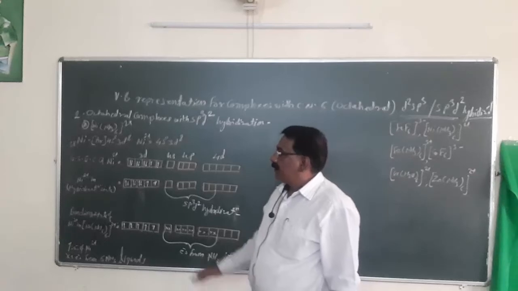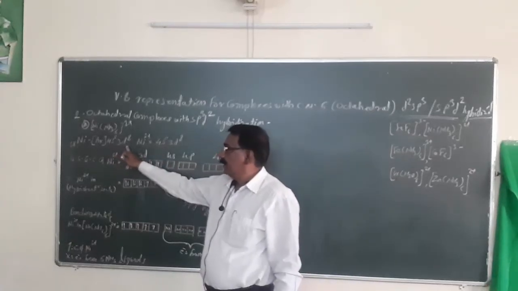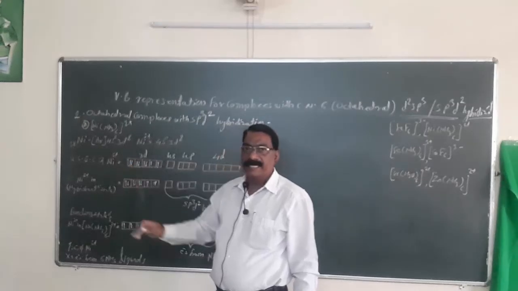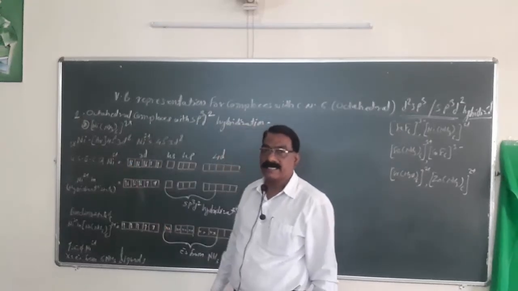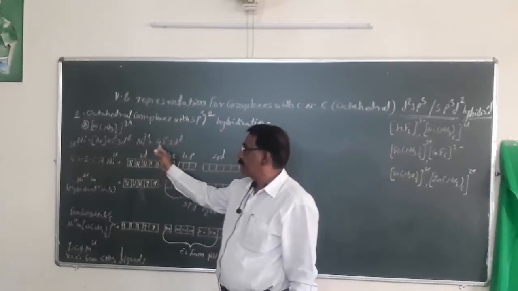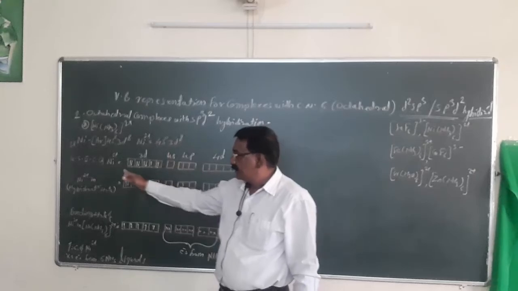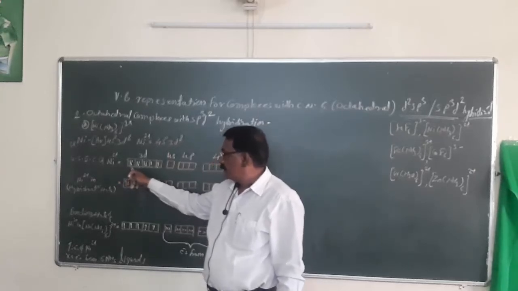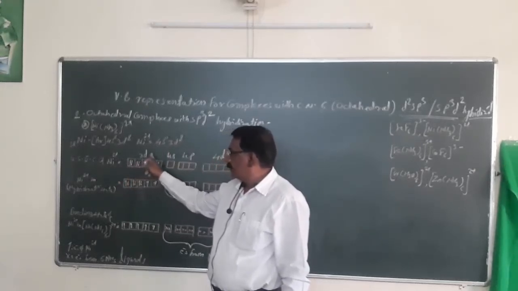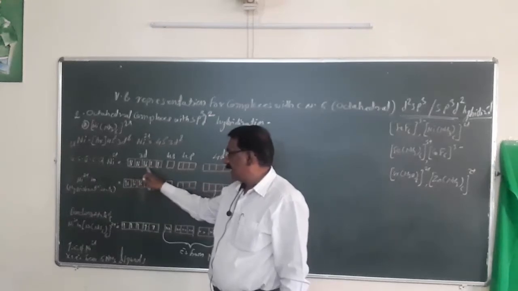Its electron configuration, argon core is completed, 4s2 3d8. Here Ni shows +2 oxidation state, so Ni2 plus has the electron configuration 4s0 and 3d8. In the ground state, it shows the electron configuration 3d8, 1, 2, 3, 4, 5, 6, 7 and 8.